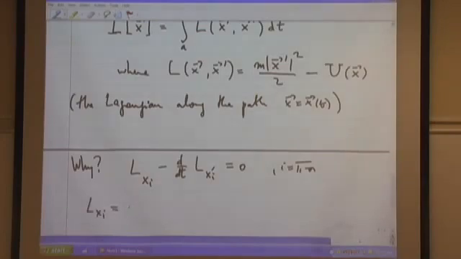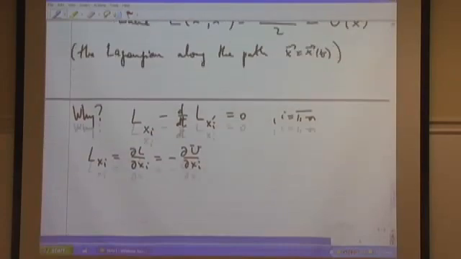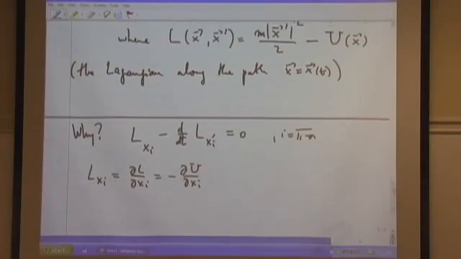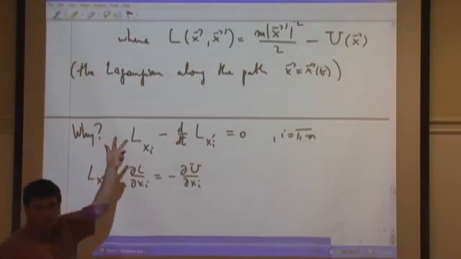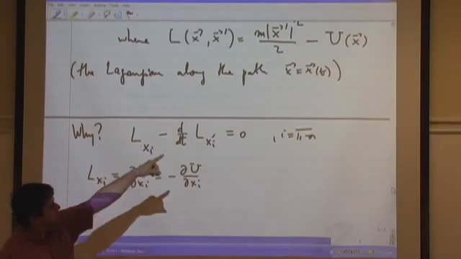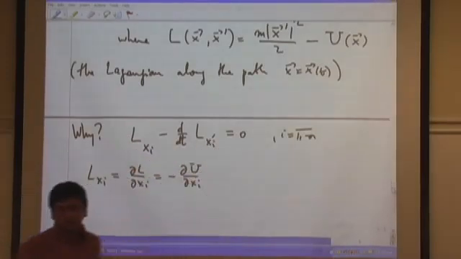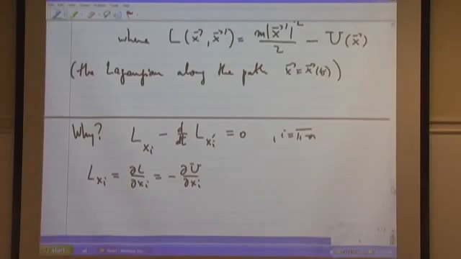L_xi is the partial of L with respect to xi, and this is minus the partial of u with respect to xi. Again, L is given by that formula, so the partial with respect to the first n components is only hitting the second part, because the first part doesn't have xi in it, it has xi prime.